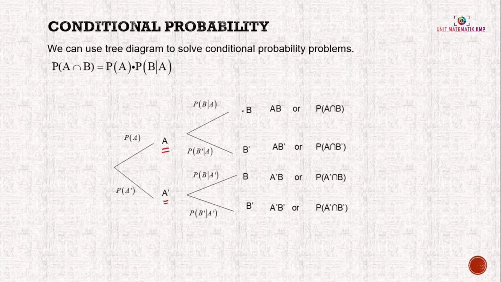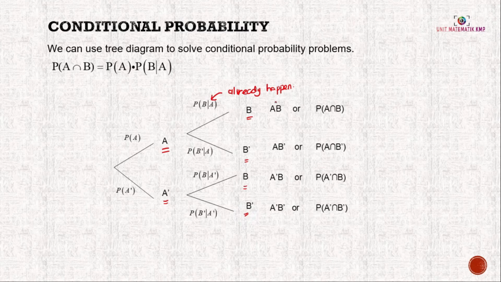Okay, at the back, when we continue with our probability, the upper one is the probability of B given A, which means that A has already happened. At the end are the outcomes for the second stage.